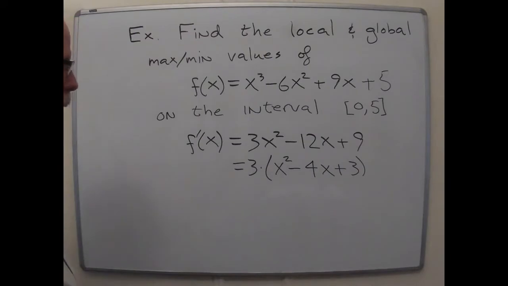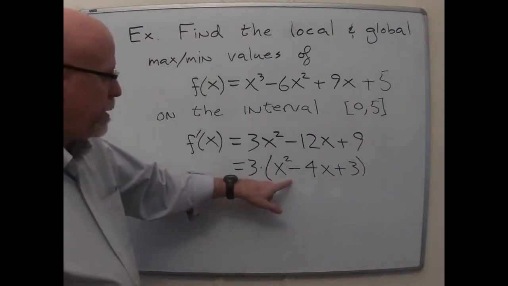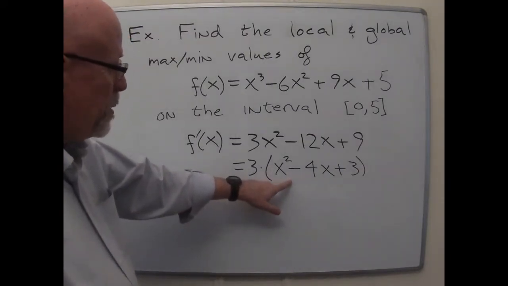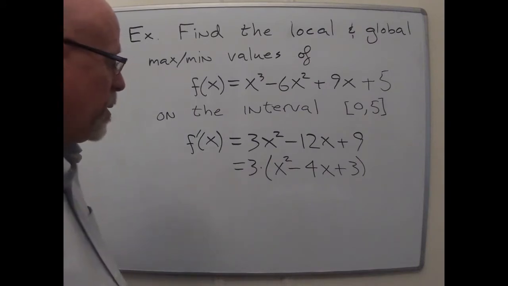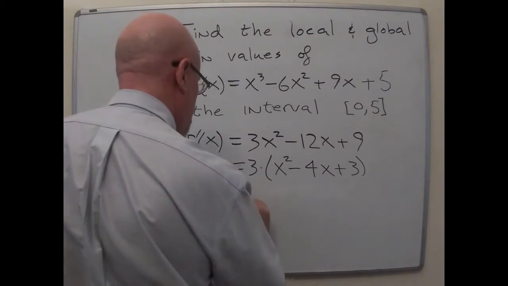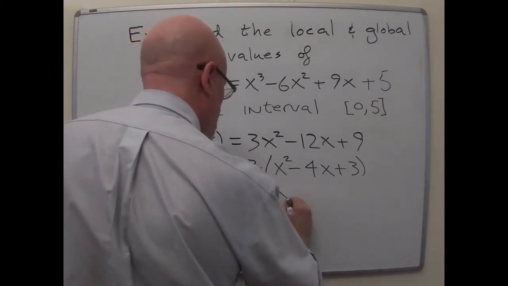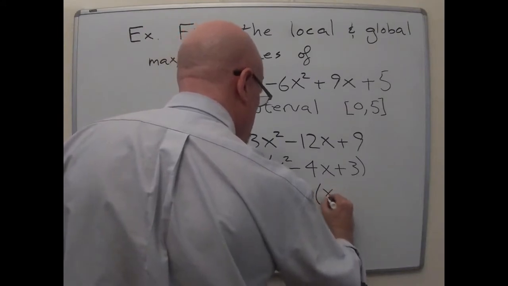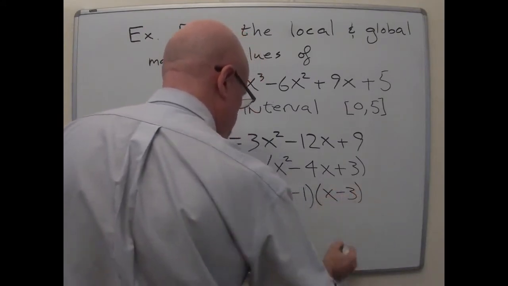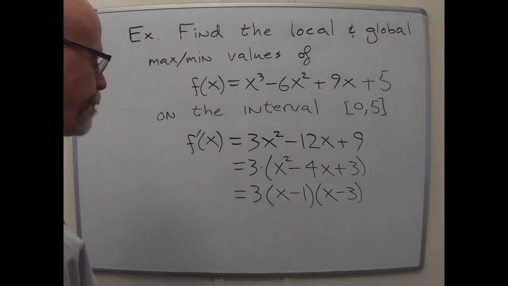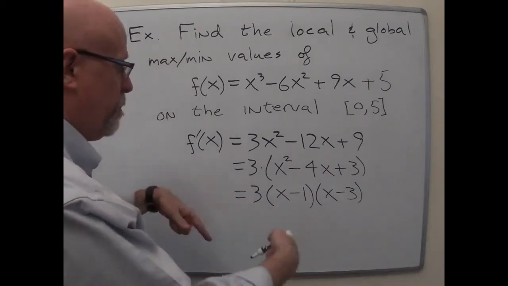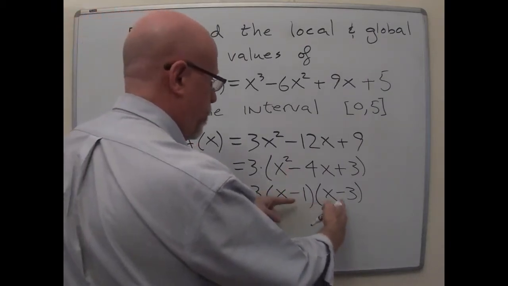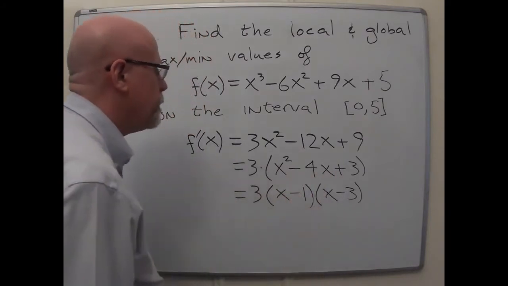And if you've been playing these games for long enough, you probably recognize that as being the product of two binomials. Yeah, that's x minus 1 times x minus 3, which is easy to check backwards by FOILing this out, and of course you're going to get that.